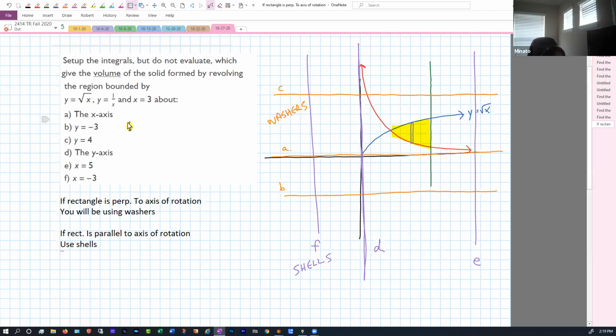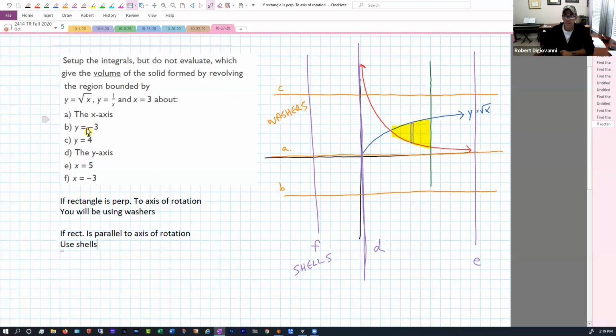Notice on this problem, I do not direct you which method to use. So when you're doing your homework for 7.2, and it tells you to wrap it around the y-axis, it's up to you, okay? Also, I should note this. This is something important. Section 7.3 is the section on shells, but I'm not assigning you anything out of 7.3. And so when you're doing your homework for 7.2 and you draw your regions and it asks you to wrap around the y-axis, use shells if that's what you think is the best approach.